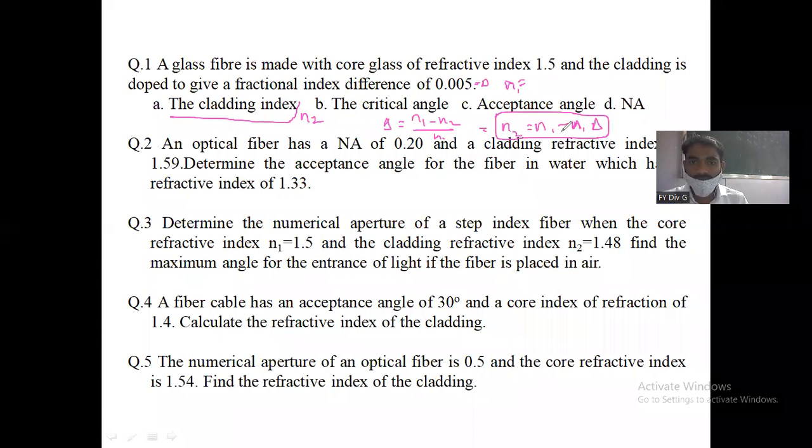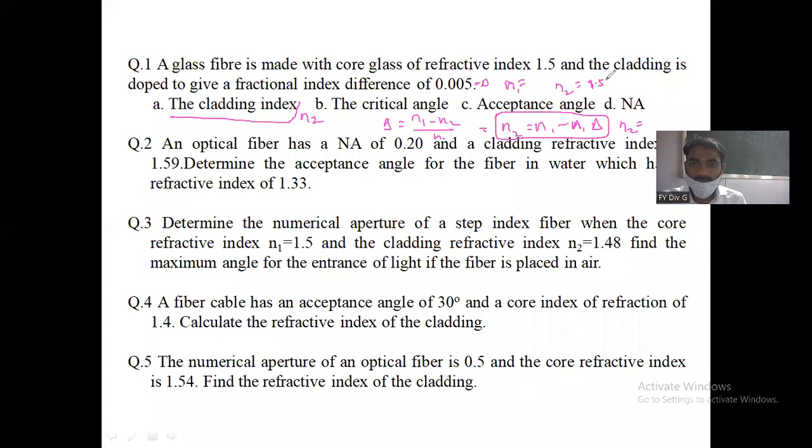So we have given values of N1 and delta. So you can put N1 is equal to 1.5 and delta is equal to 0.005 in this formula, and you can find N2.